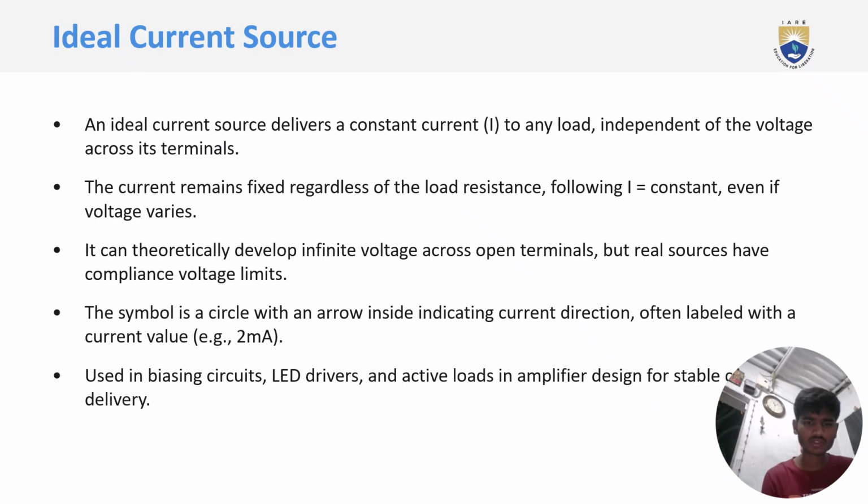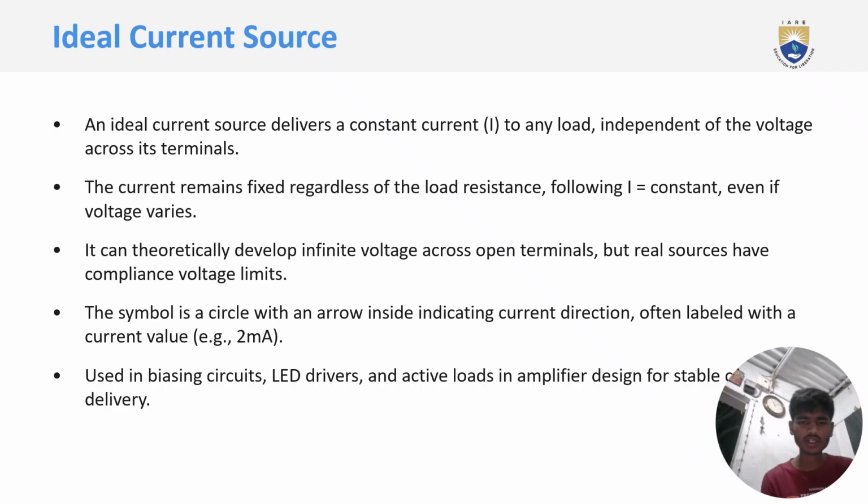Ideal current source. An ideal current source delivers a constant current I to any load, independent of the voltage across its terminals. The current remains fixed regardless of the load resistance, following I equals a constant, even if voltage varies.